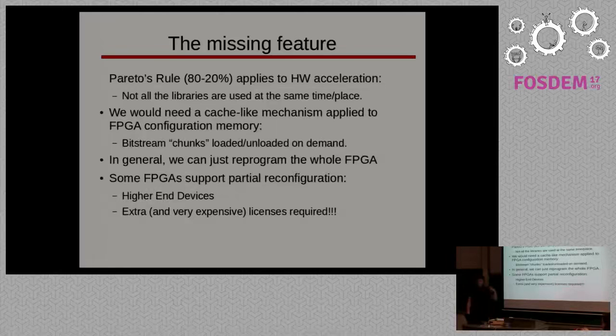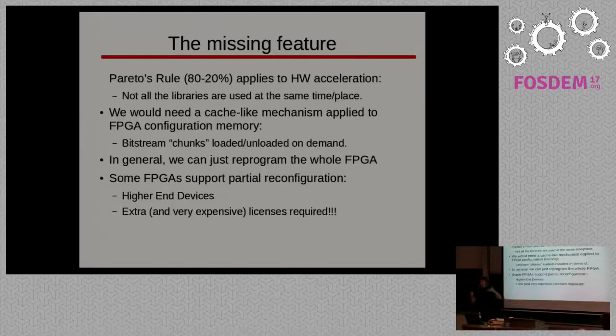We have a missing feature that needs to get into the FPGAs in order to be able to use this approach of having libraries accelerated by FPGAs. That is partial reconfiguration. Maybe you have already heard about the Pareto rule that applies to libraries in general, so that not all the libraries are used at the same time.